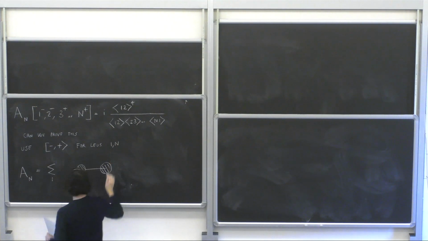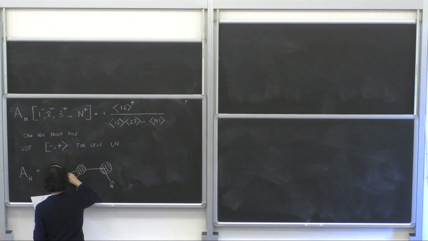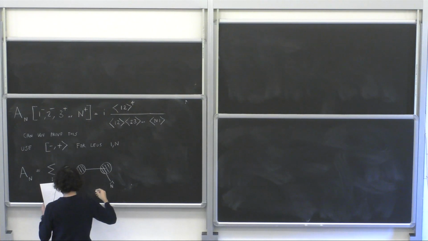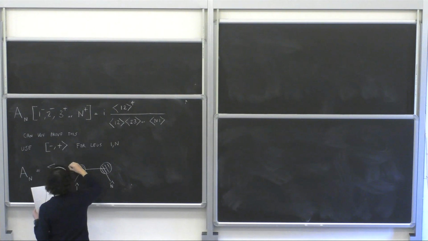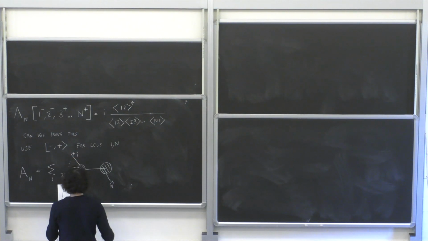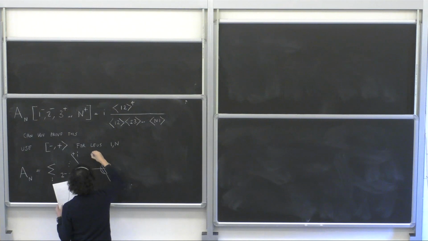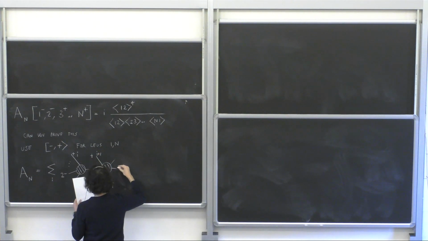We're going to have the legs here, and then there's leg 2 as a minus. And then there's going to be a certain number of legs on this side. We stop at leg i, right? And then we start from leg i plus 1. Part of this is just labeling the legs.